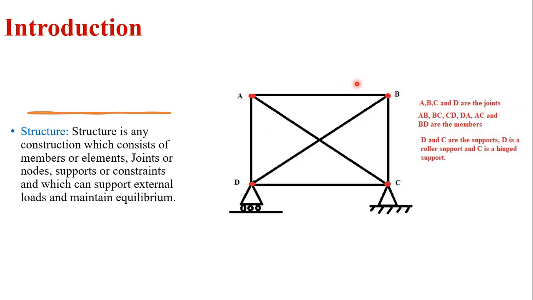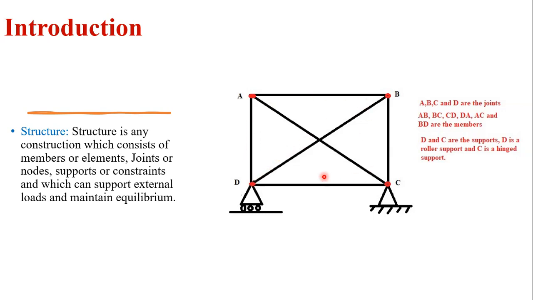For example, in this figure, we have a structure or a construction which consists of members. So in this figure, AB is a member, BC is a member, CD is a member, DA is a member, AC is again a member, a diagonal member, and BD is the second diagonal member.